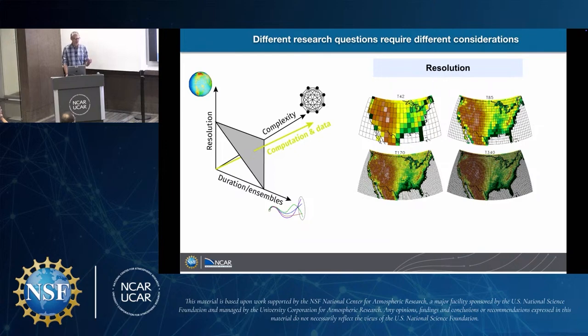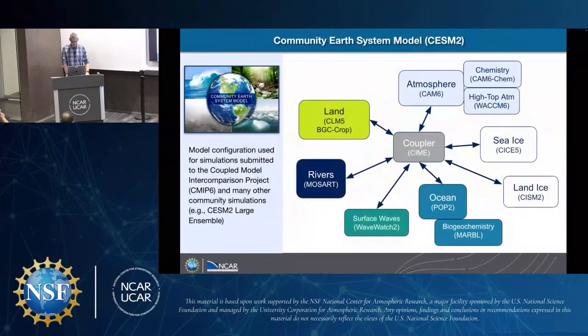If you go from our global roughly 1 degree simulation, which is what we use for CMIP6, to our kilometer scale version, which is a 3.75 kilometer version of just the atmosphere and the land, it's a 25,000 fold cost change. So that's not really practical for almost anybody to do that kind of resolution. These are the decisions you need to make, and we have regionally refined capabilities and other ways to deal with resolution that you'll learn about this week.